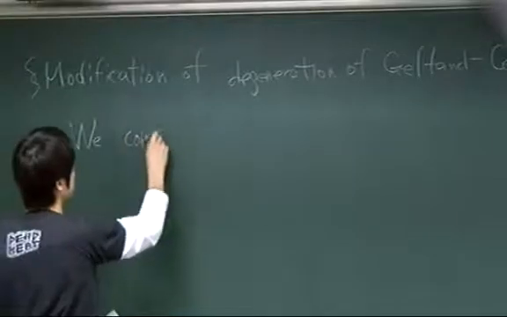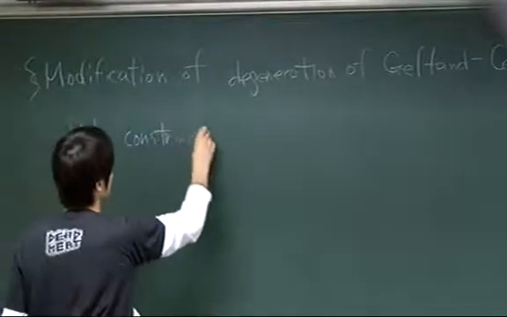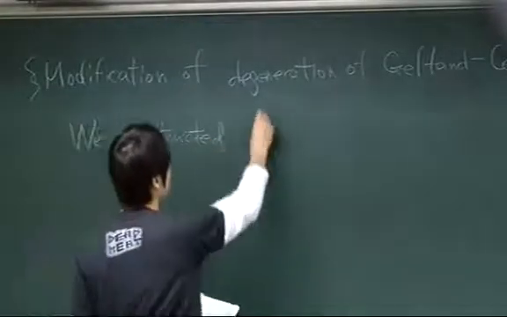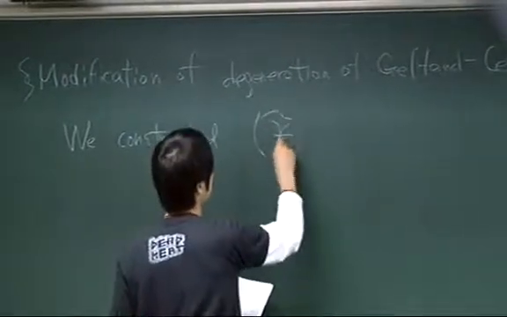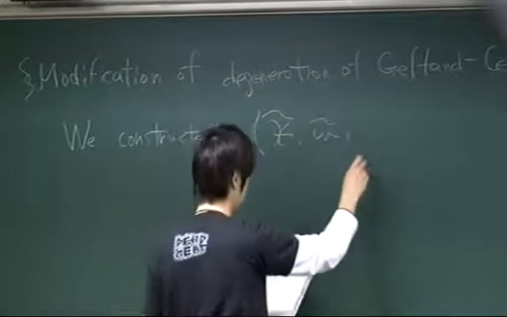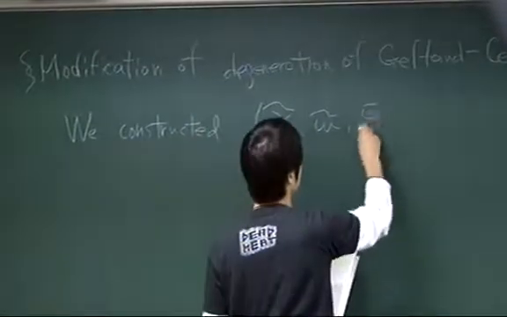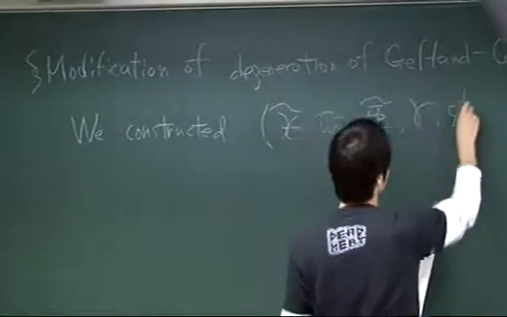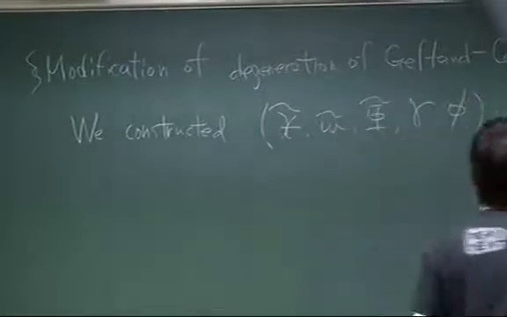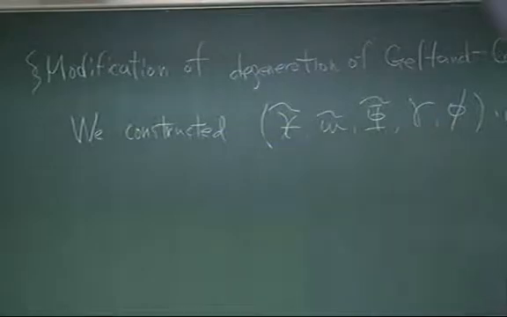In the last two lectures, we constructed those data. This is the degeneration of the Gelfand-Cetlin system.